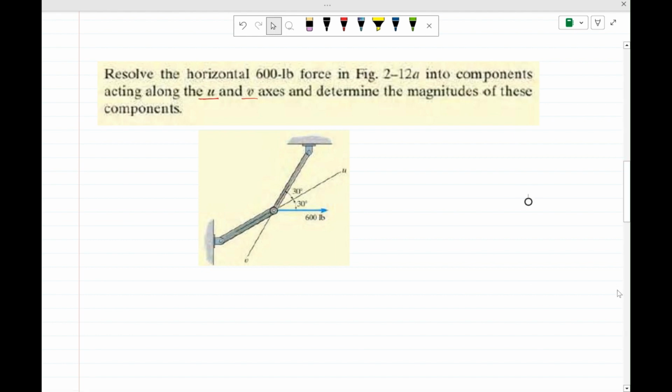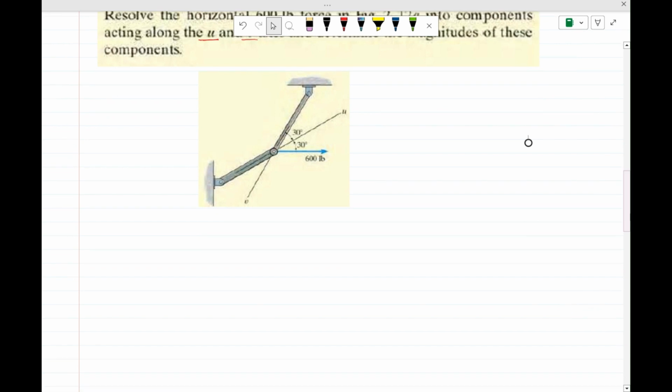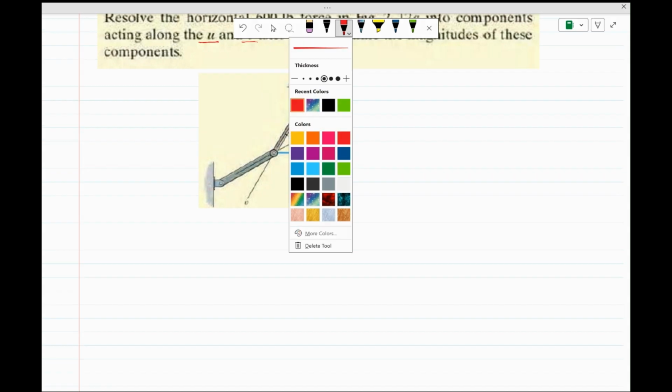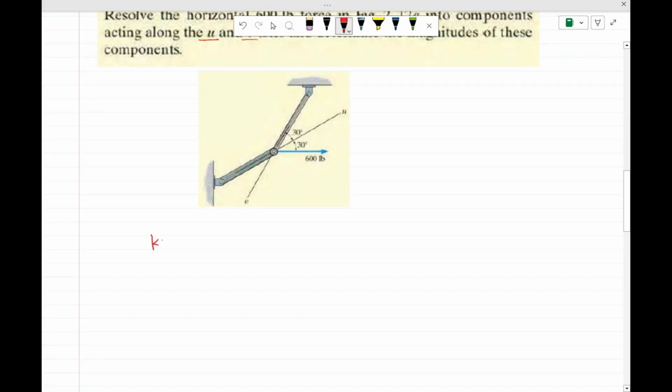First thing, interpreting the question mathematically. So what is known to us in this case? We know what is given to us in the question. We have Fr, the resultant force, equal to 600 Newton.